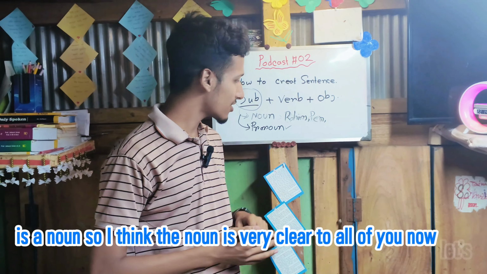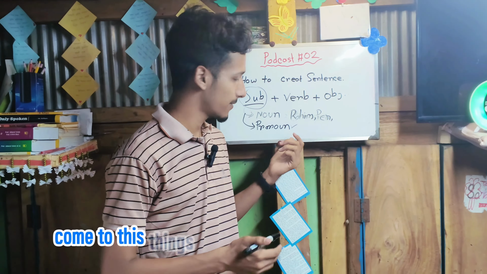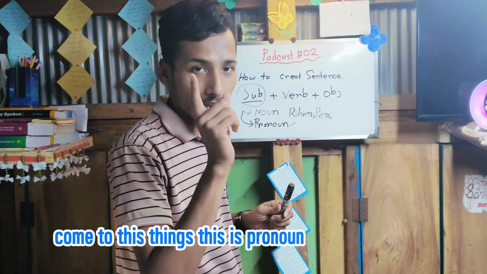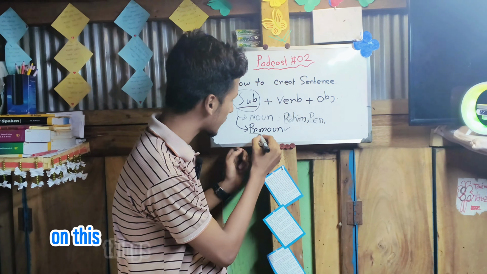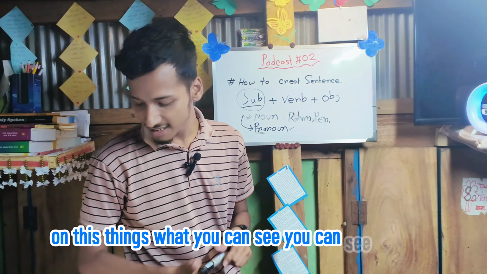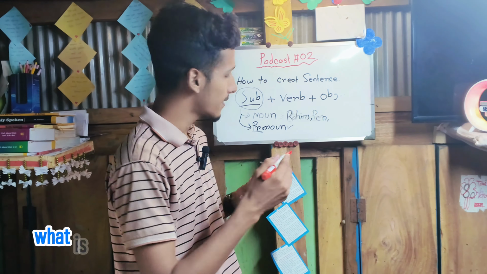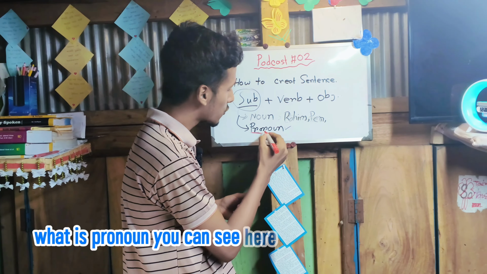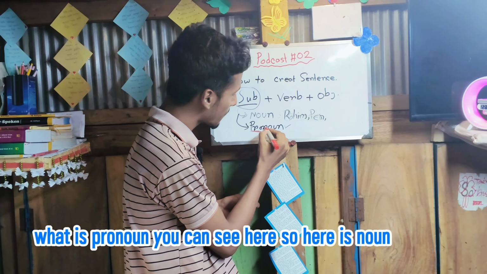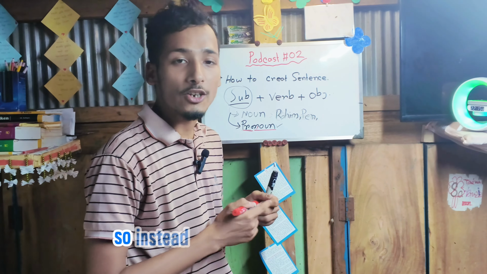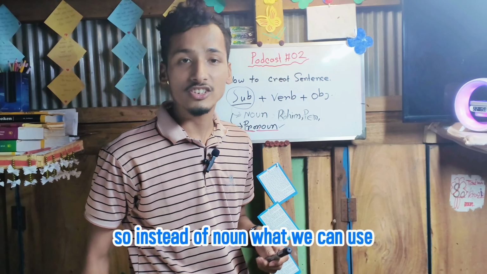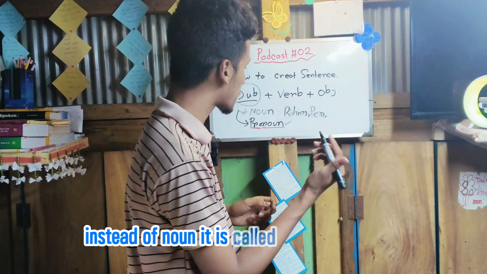Now let's come to these things. This is pronoun. We have to focus on these things. What is pronoun? Here is noun, and here is pronoun. Instead of a noun, what we can use in place of a noun is called a pronoun.